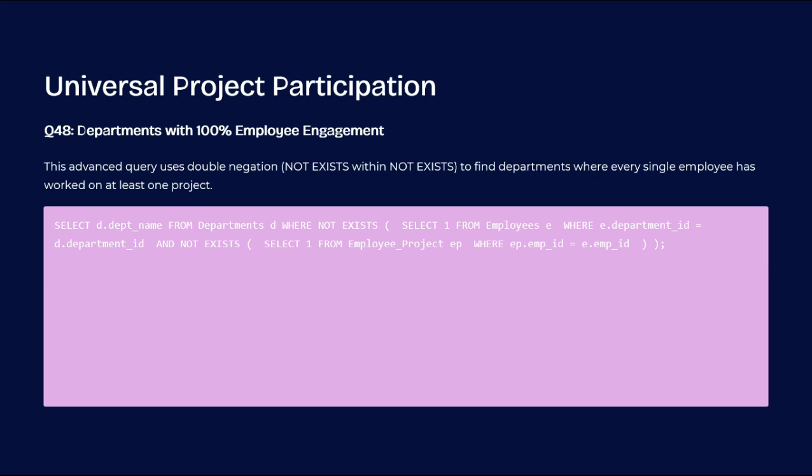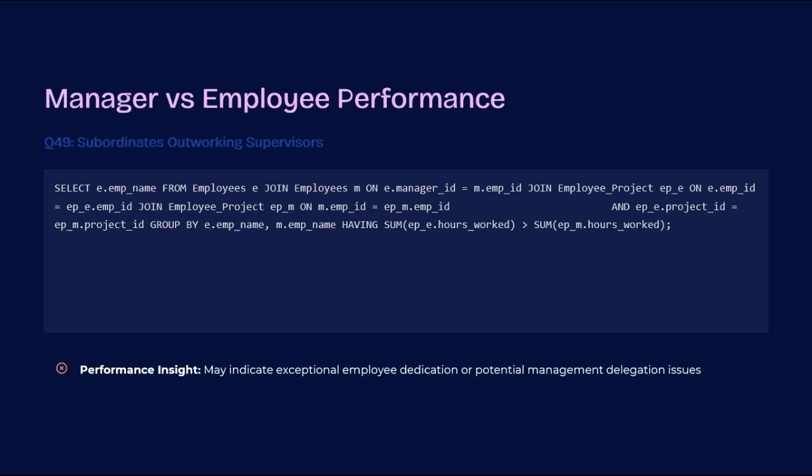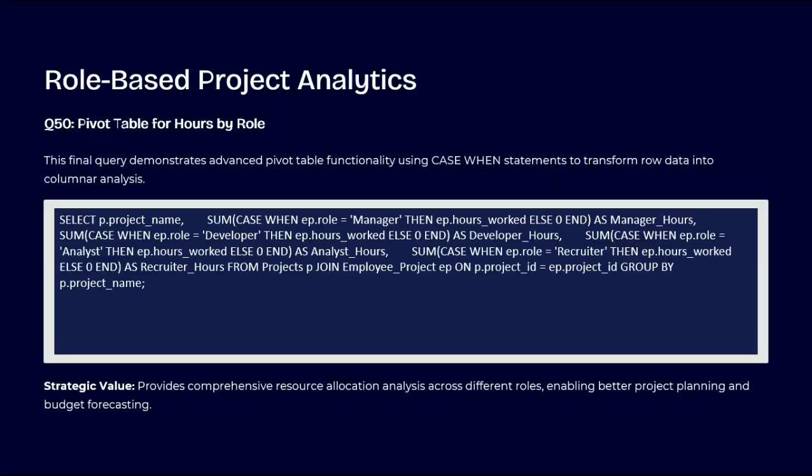The query is on your screen. Please write these queries in your editor. Now, subordinates under a supervisor may indicate exceptional employee dedication or potential management delegation issues. The query is on your screen. The query is a little bit lengthy. Please write this query in your editor.